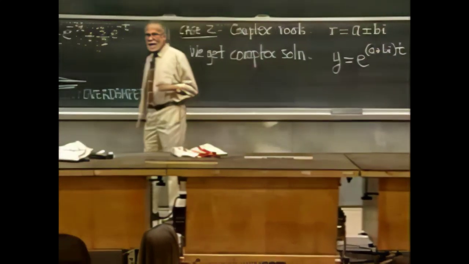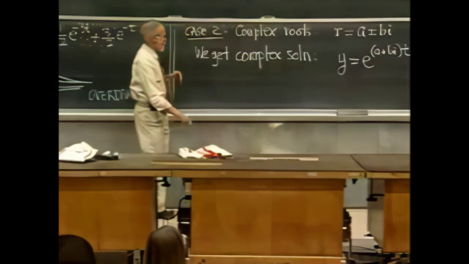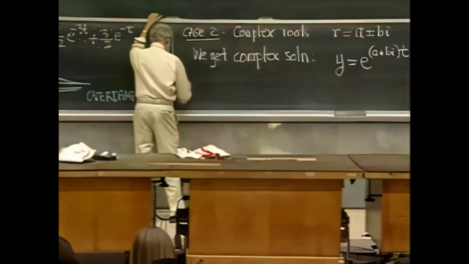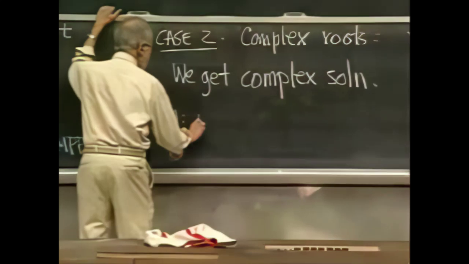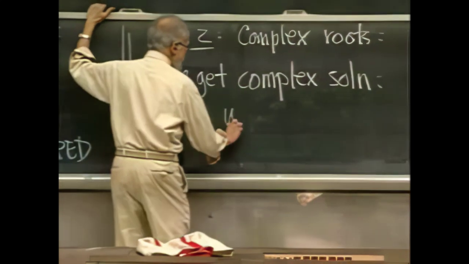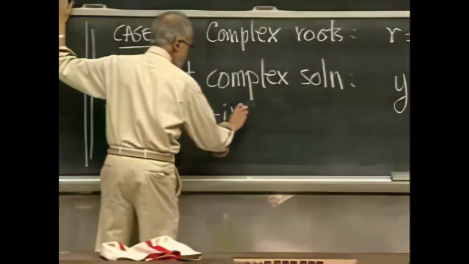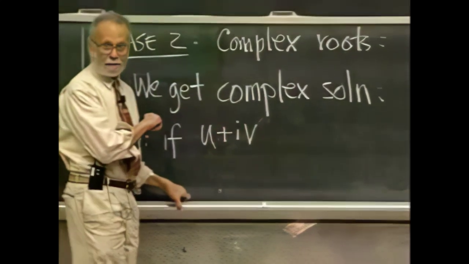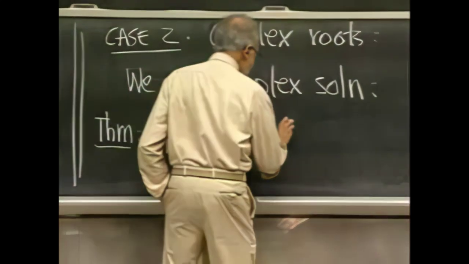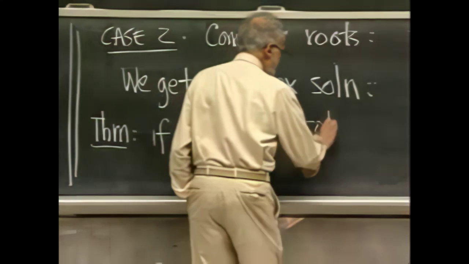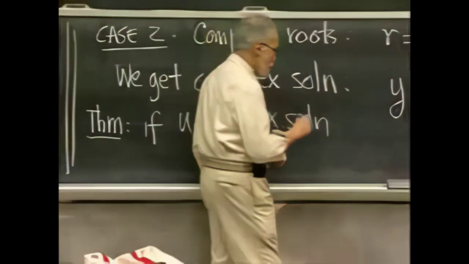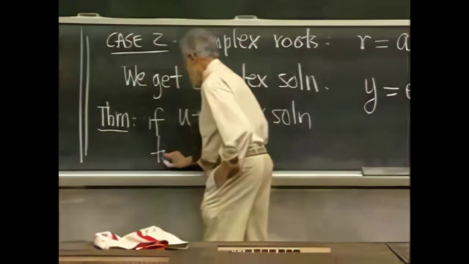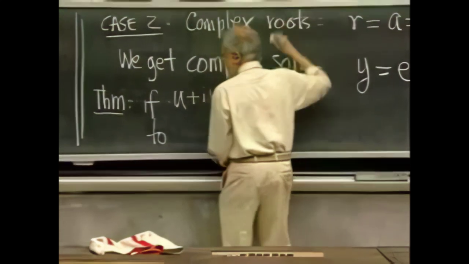This I'm not going to save for Wednesday because it's so simple. So the theorem is that if you have a complex solution, u plus iv, where each of these is a function of time, to a real differential equation with constant coefficients.